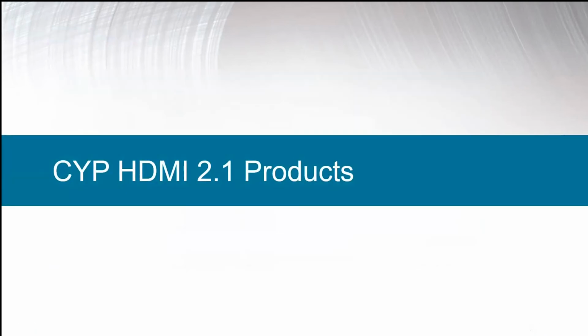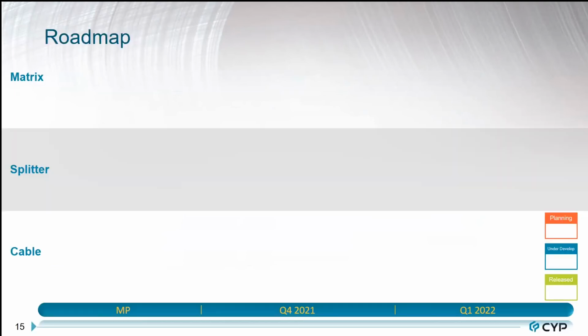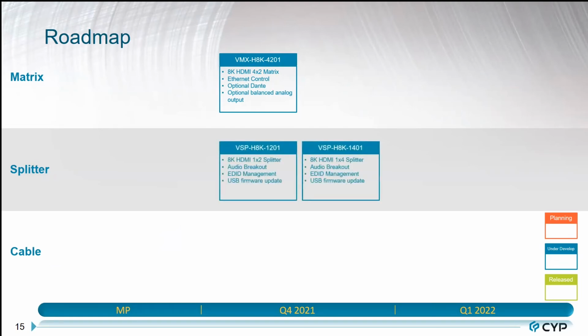Now we are moving to today's ClickMax, our latest HDMI 2.1 products. Currently, we have an 8K HDMI 4:2 matrix with Ethernet control, optional Dante and balanced analog output, and an 8K HDMI 1:2 and 1:4 splitter with audio breakout, EDID management, and USB firmware update.